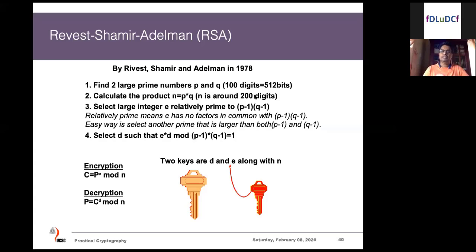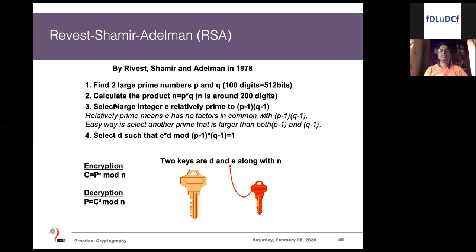If someone can factorize this 200-digit number N back to P and Q, RSA is broken. Still, we don't know any algorithm that, by looking at N, finds P and Q. You might think it's a simple problem, but it is not. It is a simple problem if N is small. If N is a 200-digit number, it's not a simple problem, right?